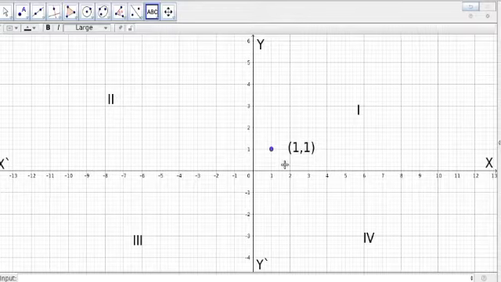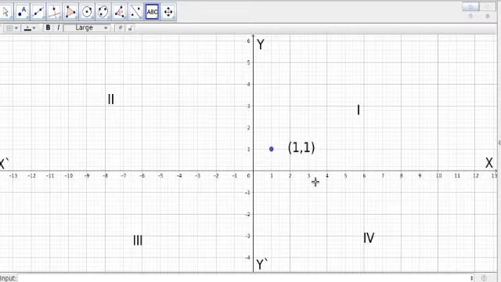This one represents the x coordinate and this one represents the y coordinate. So the position of this point is (1, 1), that is, 1 centimeter above the x-axis and 1 centimeter right of the y-axis. That means both the numbers are positive in the first quadrant, right?